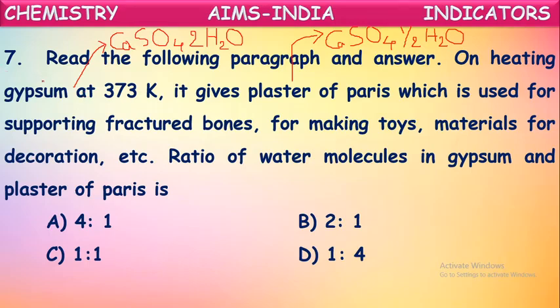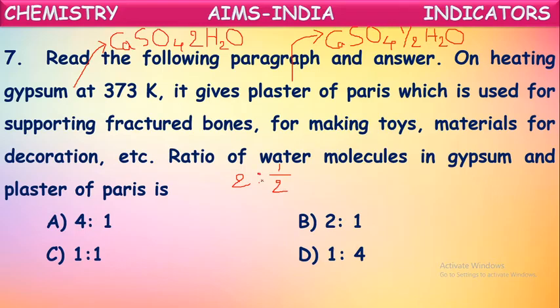Now if you observe the number of water molecules in both, calcium sulfate 2H2O, gypsum contains two water molecules, and the number of water molecules in plaster of Paris, CaSO4 half H2O, is half a molecule. In each molecule there is one half water molecule. Nothing but two calcium sulfate molecules will be held by one water molecule. So to say in simple terms, half water molecule will be represented in the formula.